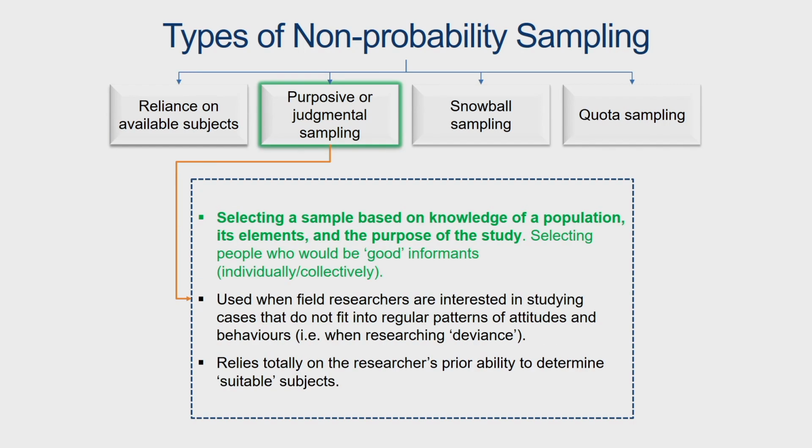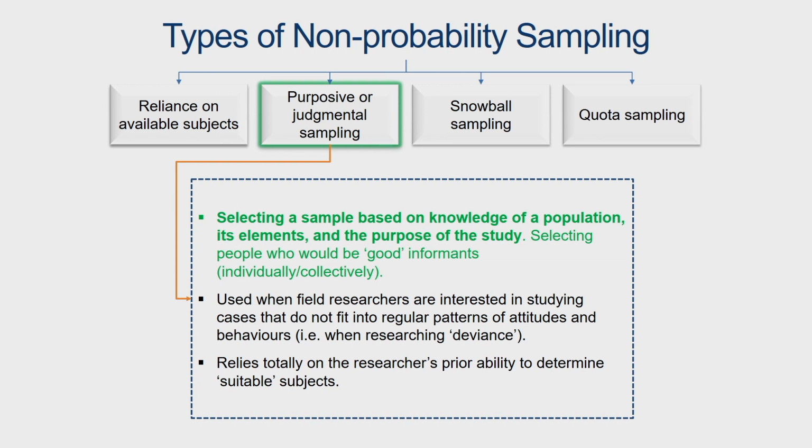Purposive or judgmental sampling is very frequently used in qualitative studies, and this is basically when you are selecting a sample based on knowledge of a population, its elements and the purposes of the study. You know what the population is like, and then you choose a sample from them. So, you are selecting people who would be good informants.